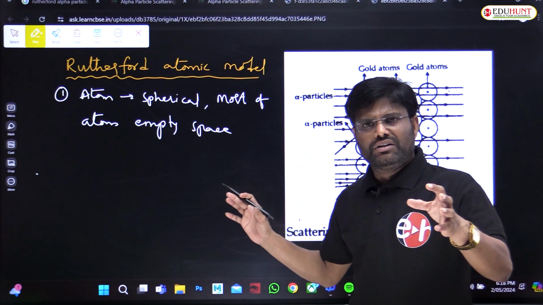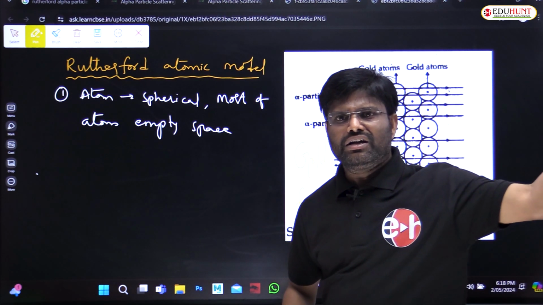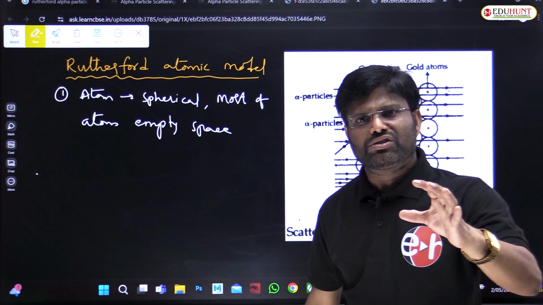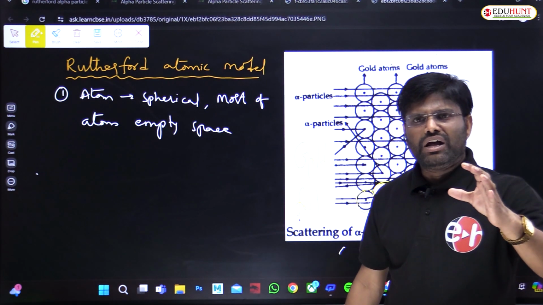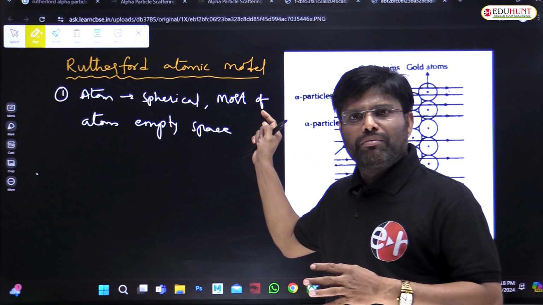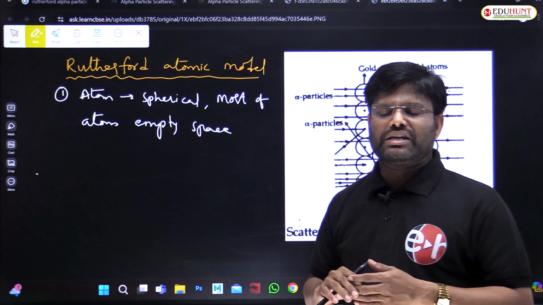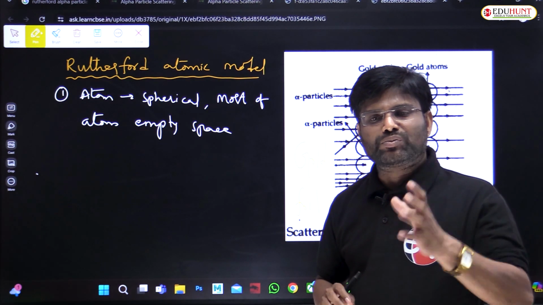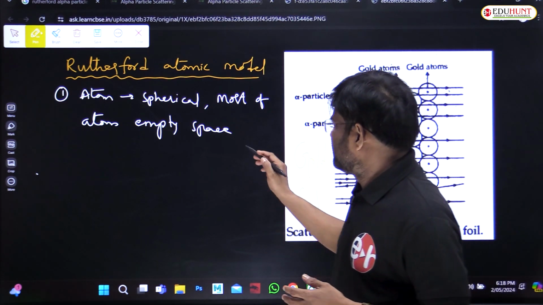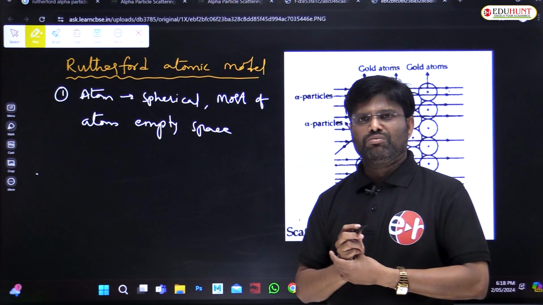Rutherford assumed the atom is a spherical shape. In the same way J.J. Thomson assumed the atom is a spherical shape, Rutherford also assumed it by observing the alpha ray scattering experiment. From the experiment, Rutherford explained that the atom is a spherical shape and most of the atom is empty space.